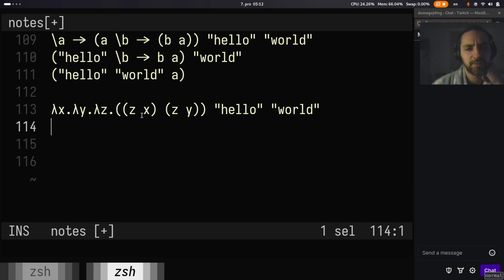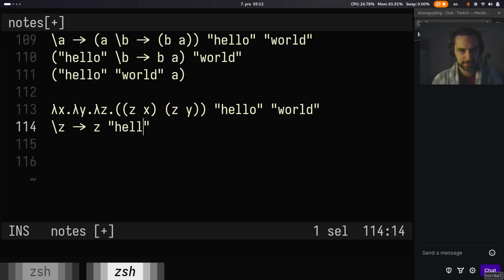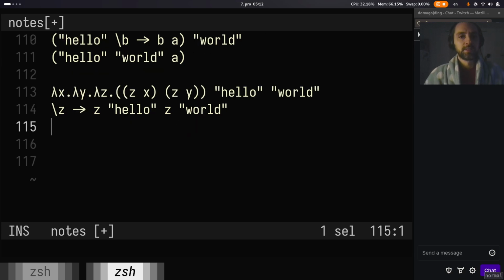I will substitute the x for hello and the y for world. That means we'll have a lambda z, and now zx, x was hello, and then we have a z, and y is world. And that's it.